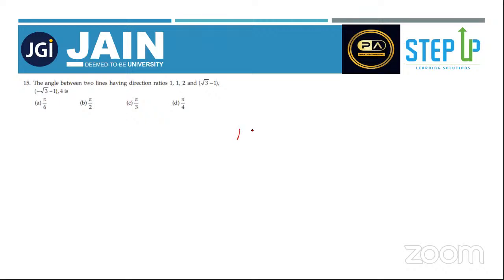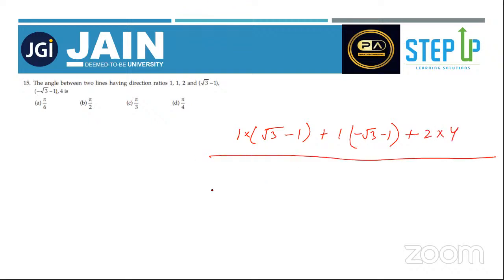So what is the answer? 1 into root 3 minus 1 plus 1 into minus root 3 minus 1 plus 2 into 4, whole divided by root of 1 square plus 1 square plus 2 square, into root of root 3 minus 1 whole square plus minus root 3 minus 1 whole square plus 4 whole square.